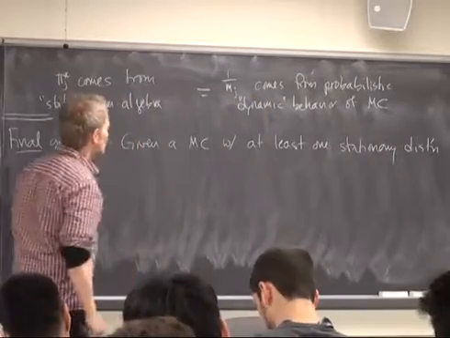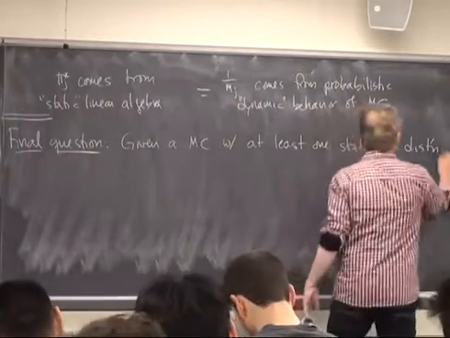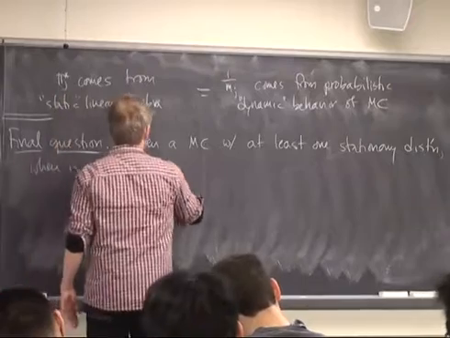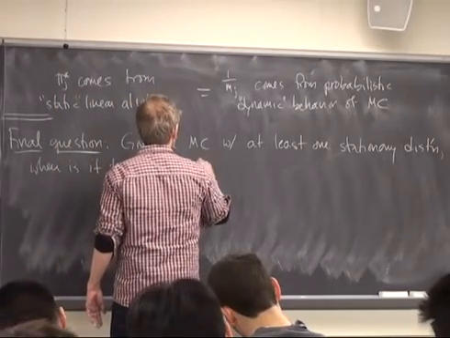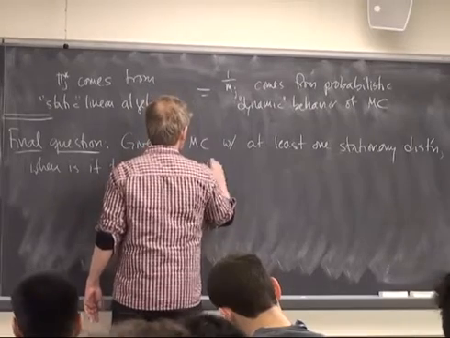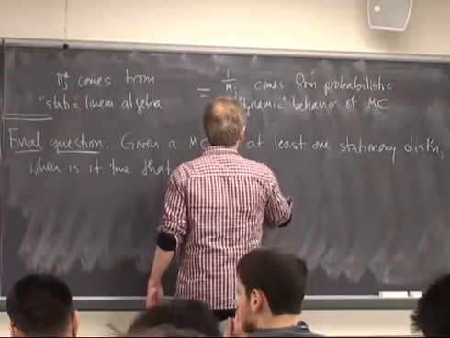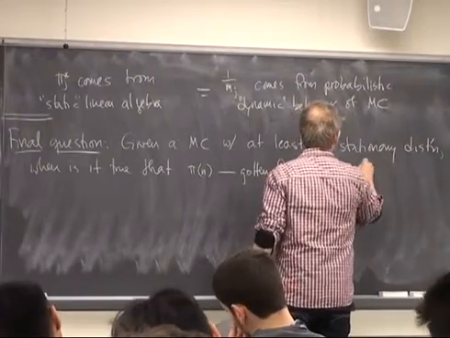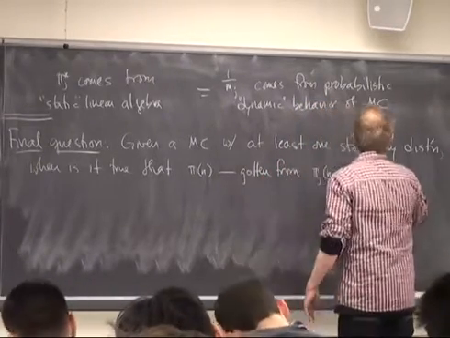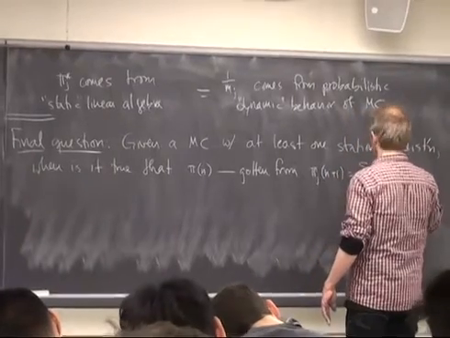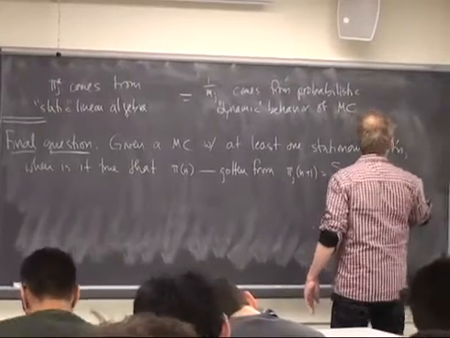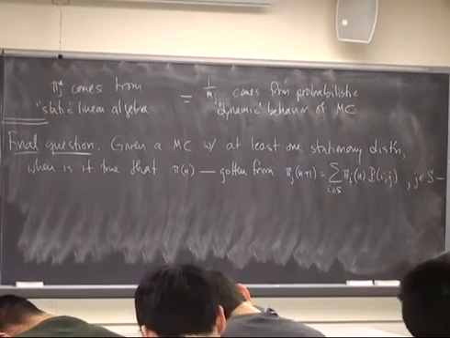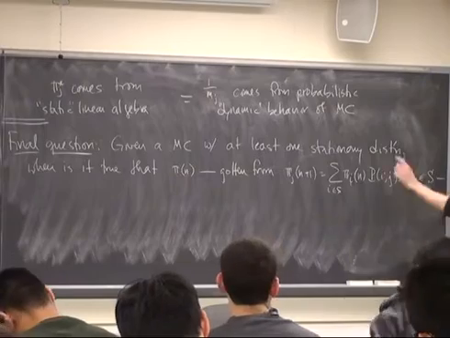So given a Markov chain with at least one stationary distribution, when is it true that given pi of 0, pi of n, which you get from this recurrence relation, pi j of n plus 1 is equal to the sum over i in S of pi i of n, p of ij, for all j in the state space S. So that's a recursion relation that gives you this distribution of marbles in the bins at time n plus 1 in terms of the distribution at time n.